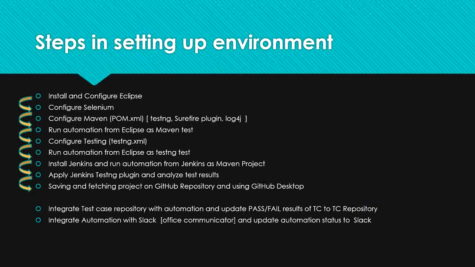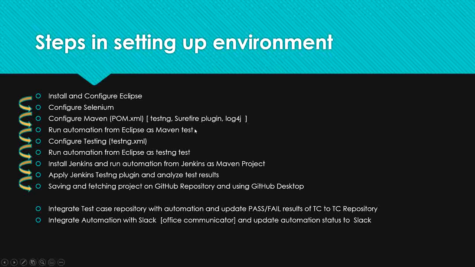Up till now, in previous videos, we have seen how to install and configure Eclipse. Then we configured Selenium on Eclipse. Then we created a Maven project, set up dependencies and various plugins on the pom.xml of Maven, and ran that project as a Maven test.